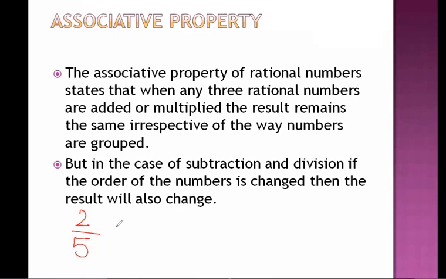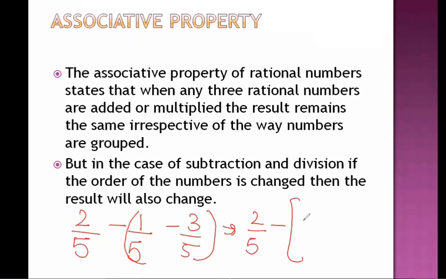2/5 minus 1/5 minus 3/5. So if I group these two numbers, that is 1/5 and 3/5, my answer would be 2/5 minus, 1 minus 3 is -2/5.